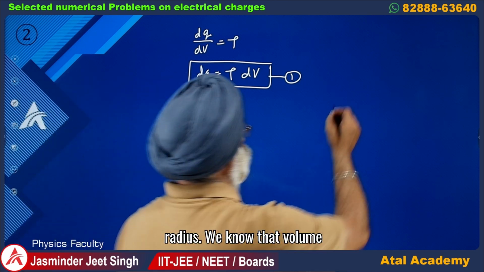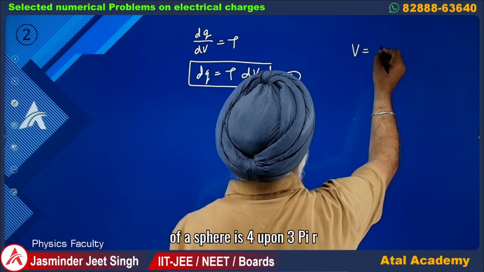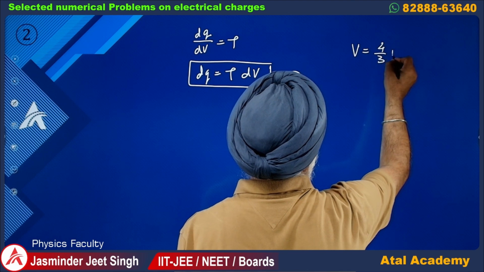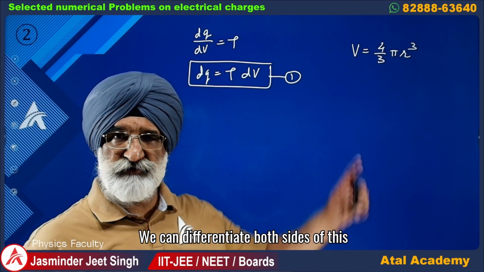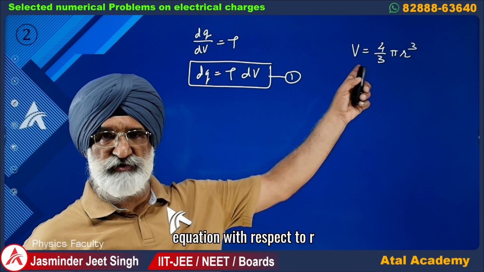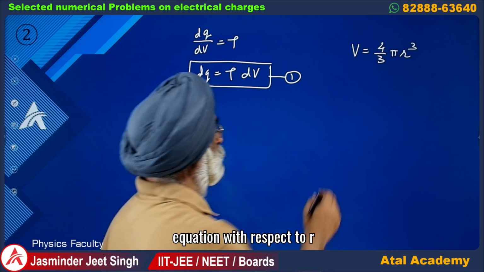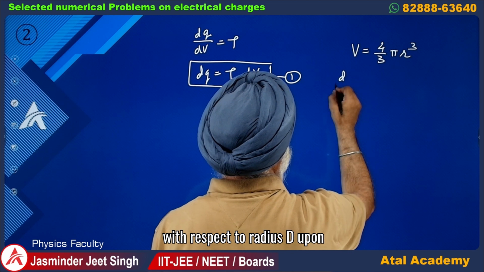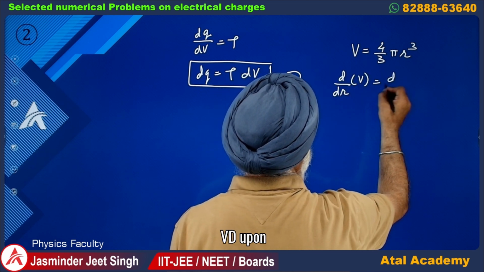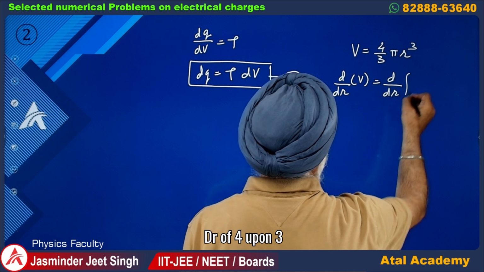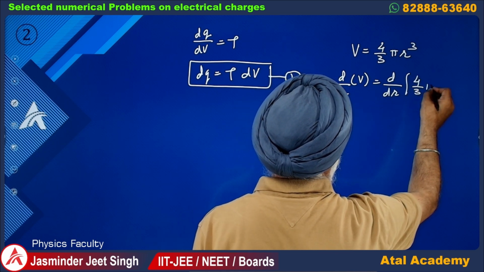We know that volume of a sphere is 4 upon 3 pi r cube. We can differentiate both sides of this equation with respect to r, with respect to radius. d upon dr of v, d upon dr of 4 upon 3 pi r cube.